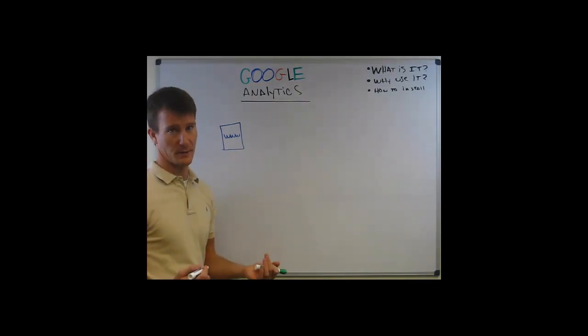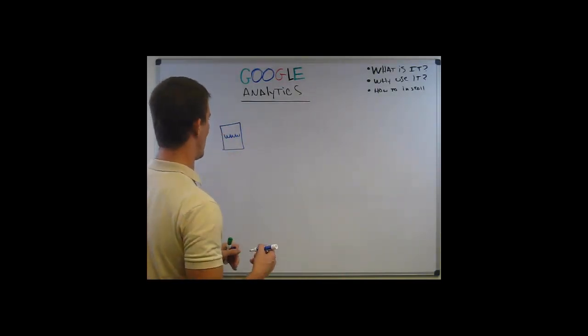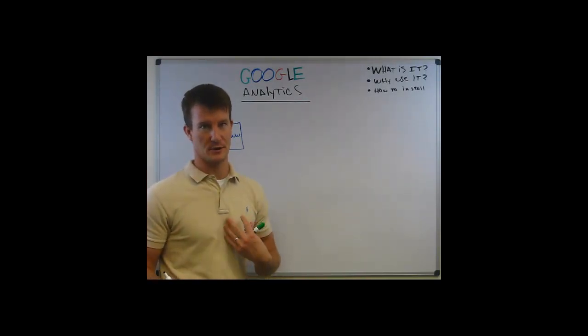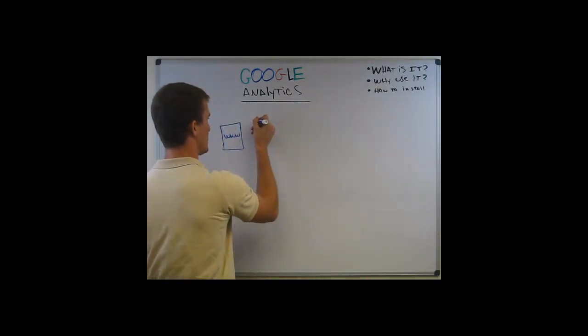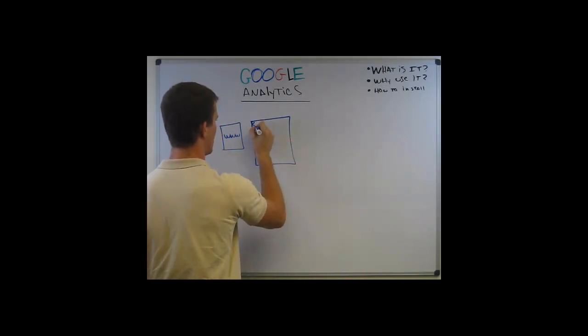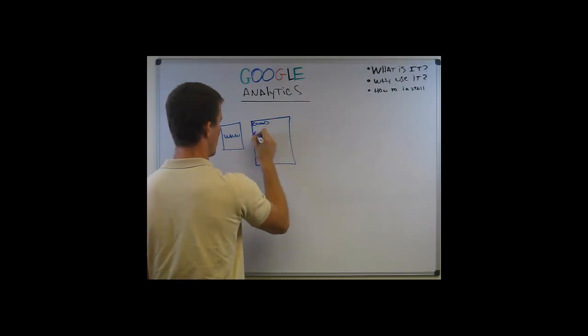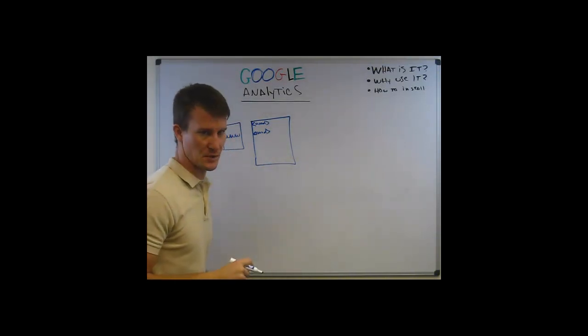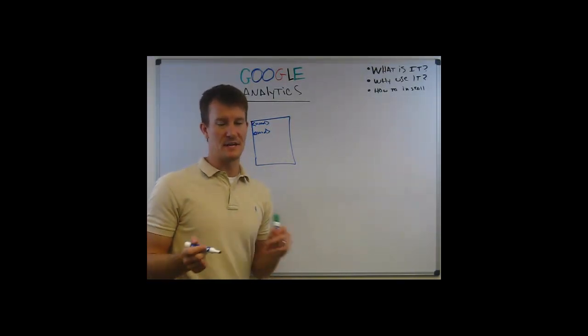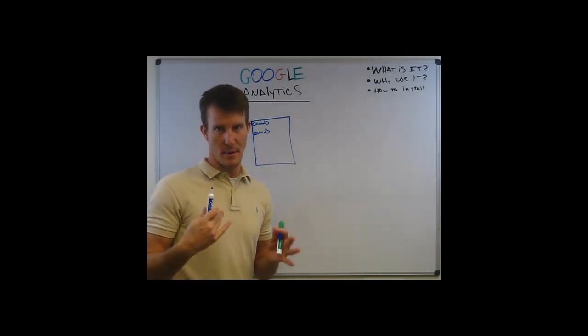So how does that work? We've got our website. Now, a website is comprised of HTML, PHP, a bunch of different coding languages. But there's a section in the HTML of your page that's called the head. Now what the head is, it's invisible to the end user, so it's invisible to the person that's accessing your web page, but it's visible to servers and web bots and all that stuff.